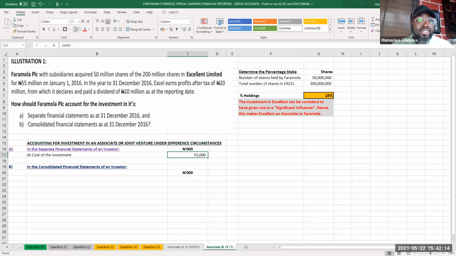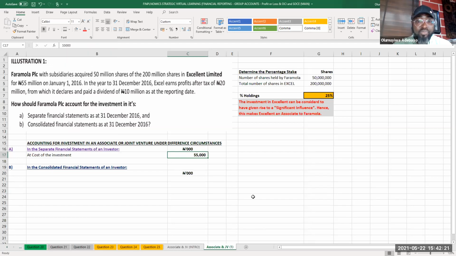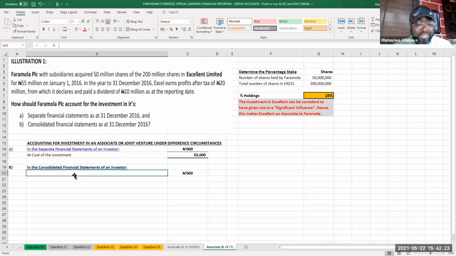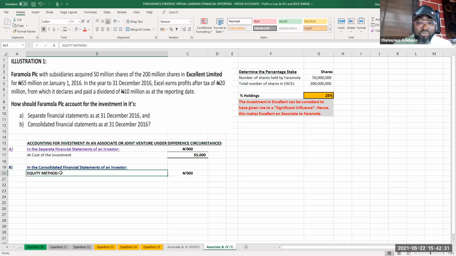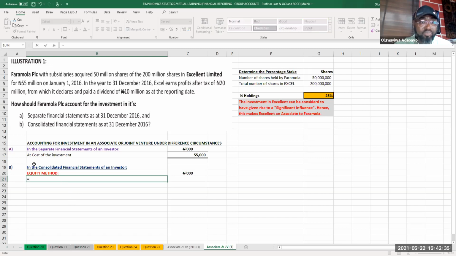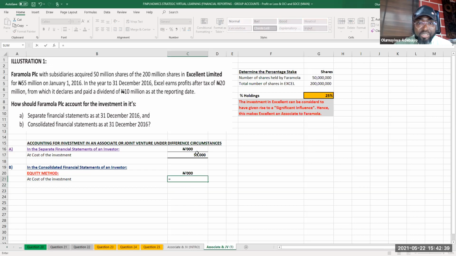Okay, what next? In the consolidated financial statement, what will be our value? What methodology are we adopting here? We are adopting the equity methodology. Equity method, thank you. And to use the equity method, we needed the cost, which is the 55 million.